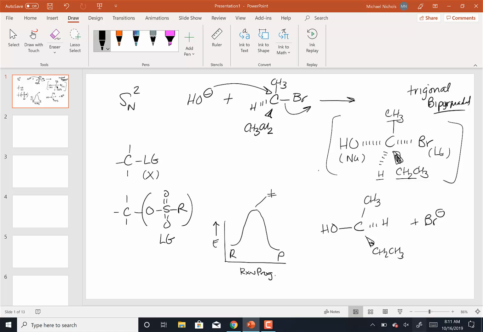CBr bond, no CBr bond, average, partial CBr bond. So we're averaging the bonds. We're also averaging charges. So OH minus 1, OH 0, average, delta minus. Bromine 0, bromine minus 1, average charge, delta minus on the bromine.